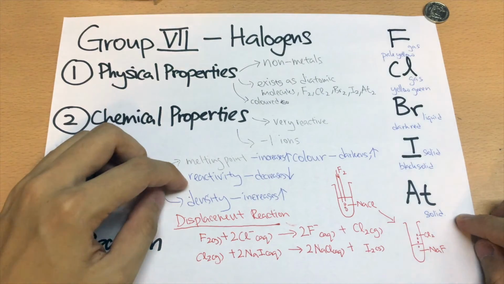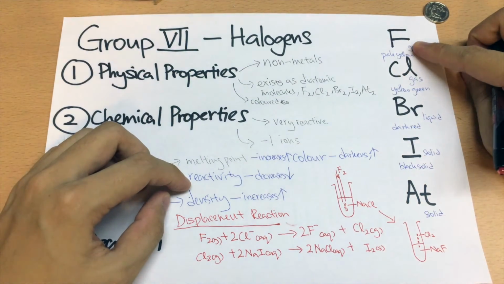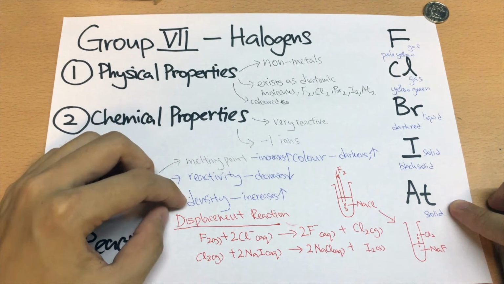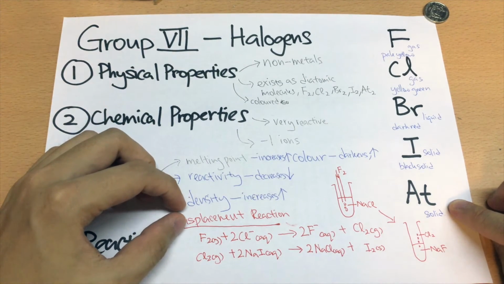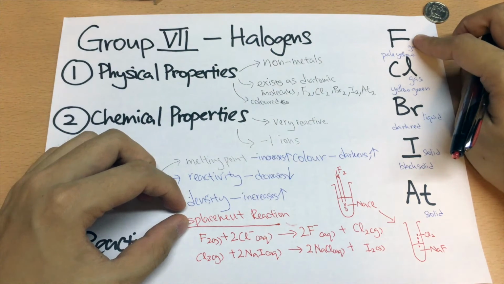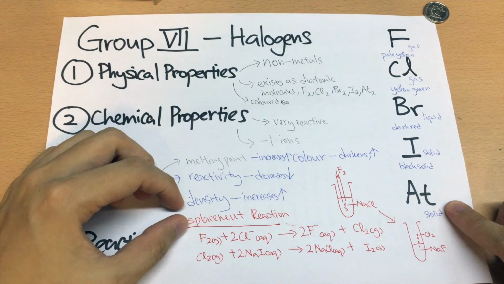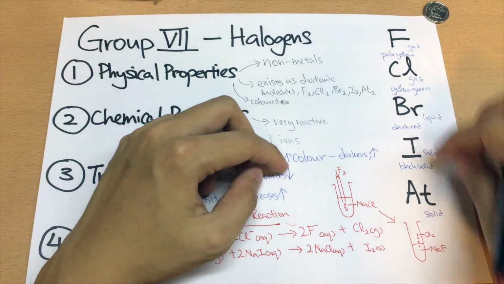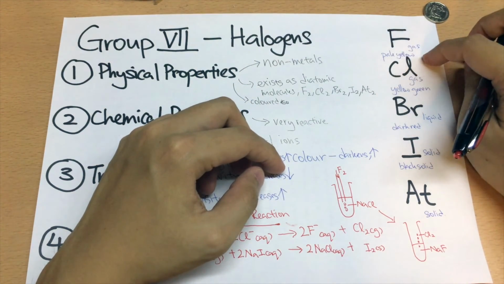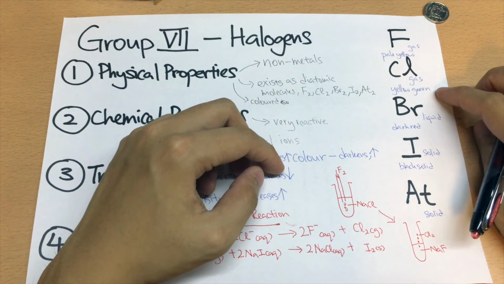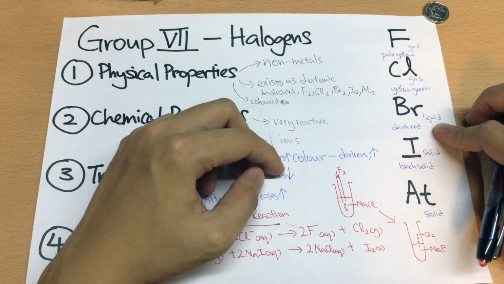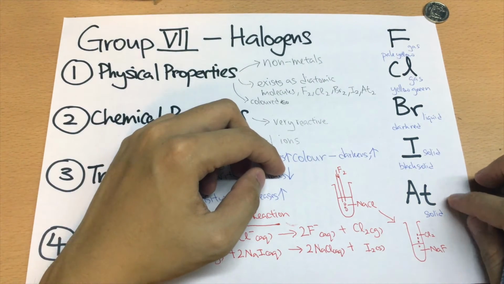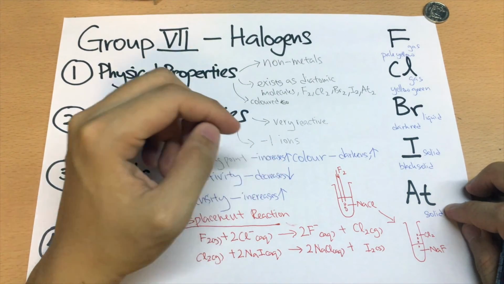The reactivity decreases, with fluorine being the most reactive and astatine being the least reactive. The density of halogens also increases down the group, fluorine being the least dense and astatine being the most dense. Finally, the color darkens as we go down the group, fluorine being a pale yellow, chlorine yellow-green, bromine a dark red liquid, iodine a black solid, and astatine should be a dark solid as well.